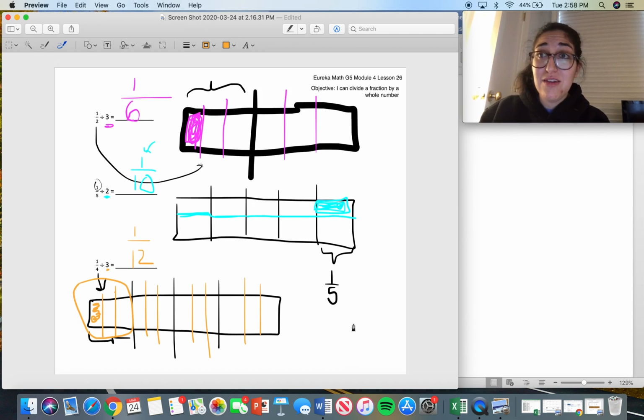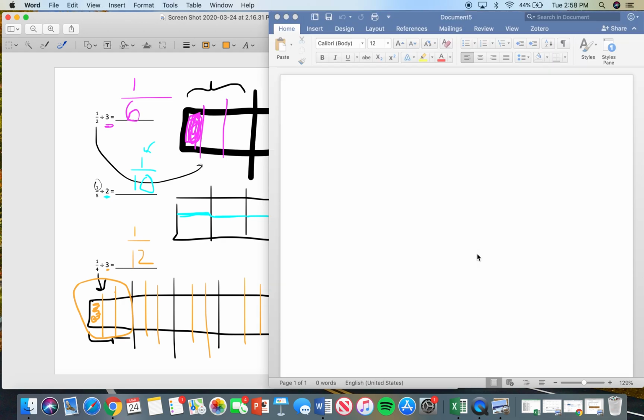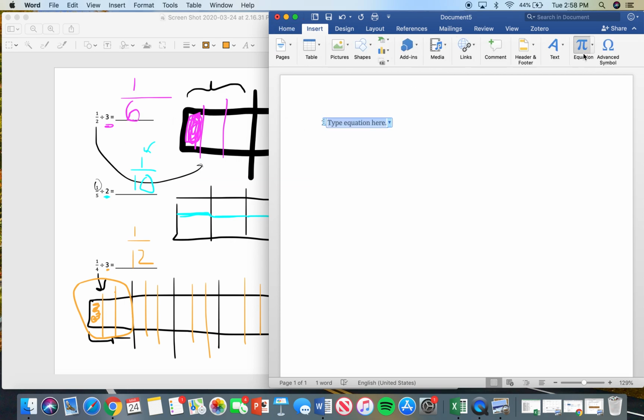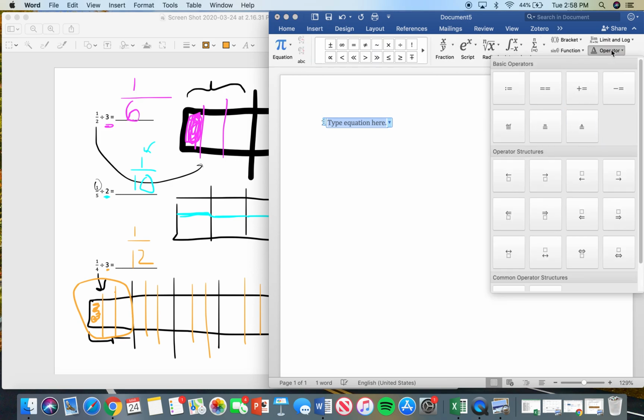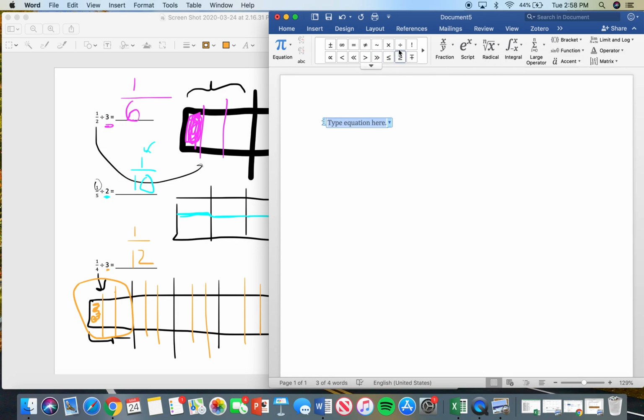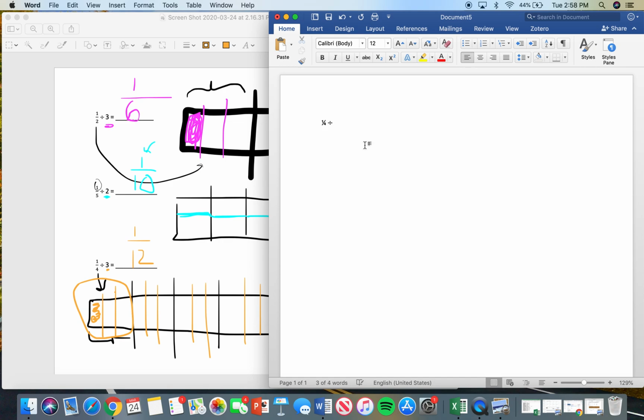But I would like you, in the comments section of this link in our Google Classroom, to tell me, what would 1/4 divided by 2 be? 1/4 divided by 2 would equal blank.